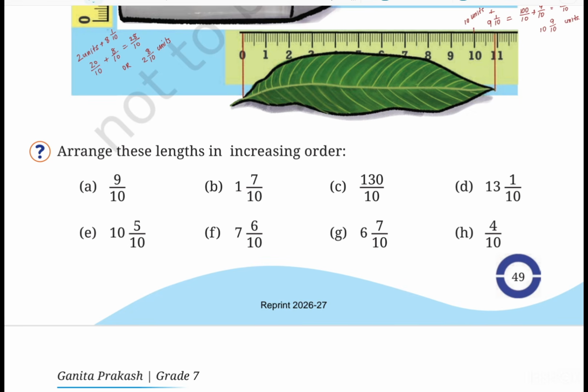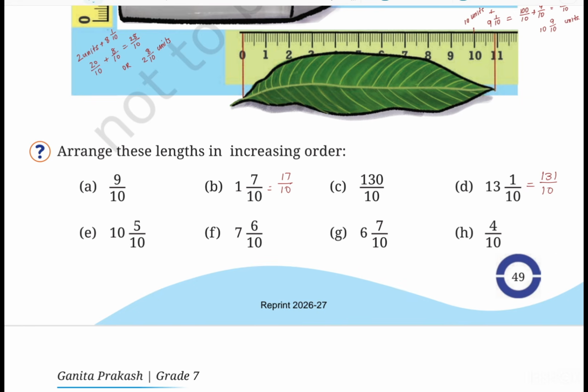The next number is 1 7 by 10, so it can be written as 17 by 10 units. And 13 1 by 10 can be written as 13 into 10, 130, 130 plus 1, 131 by 10.